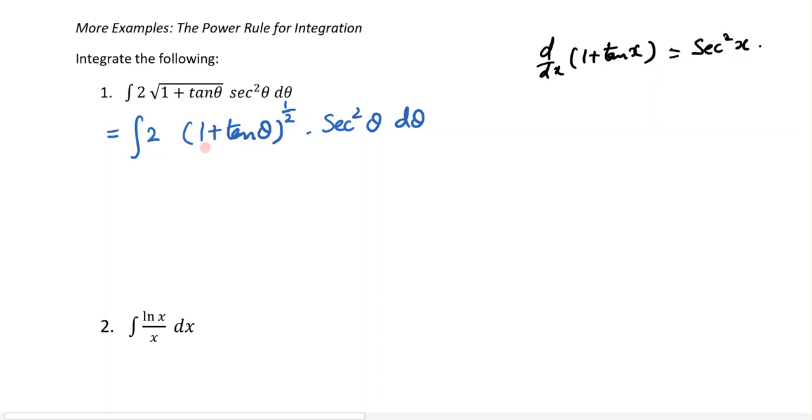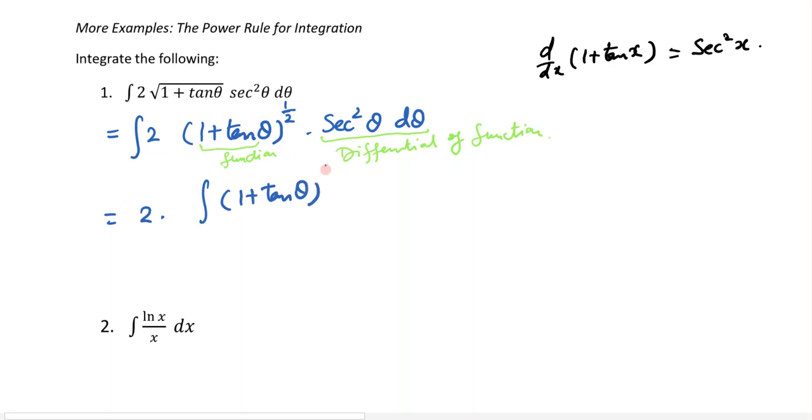So this means here we have a function raised to some power and we have the differential of the function. So we can apply our power rule. In this case, 2 is just a constant outside. So we have the integral of 1 plus tangent theta raised to power half times secant square theta d theta.